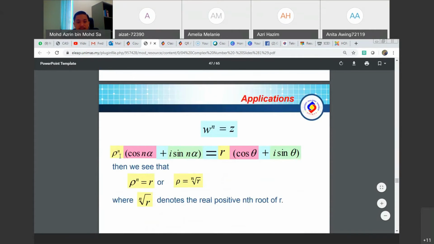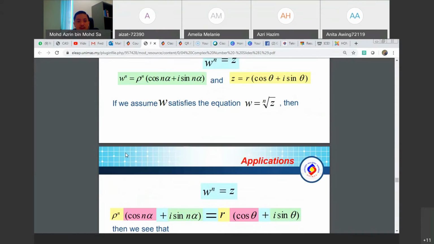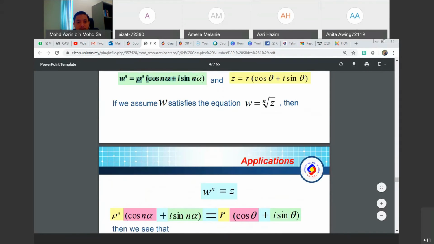Satu part. Kalau kita susun balik equation ni dengan equation ni, okay, these two equations you will get rho n sama dengan r. Okay, cos n alpha equal to cos theta, I sin n alpha equal to I sin theta.